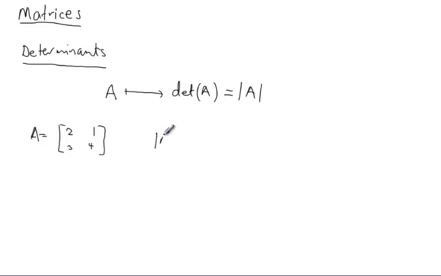So now, what do we want? We want the determinant of A. I might use this notation or that notation, it doesn't matter. Now, how do we compute the determinant of A? We are going to use the entries of A to calculate that number. We're going to say A11 multiplied by A22, minus A21 multiplied by A12.